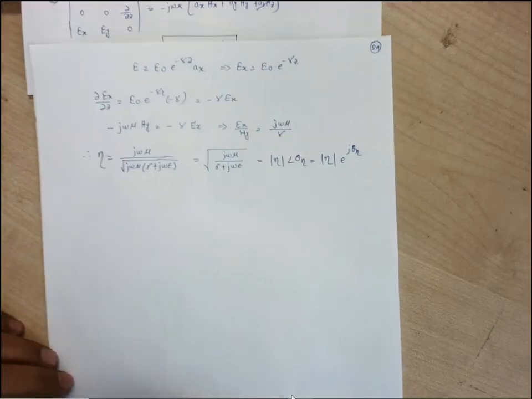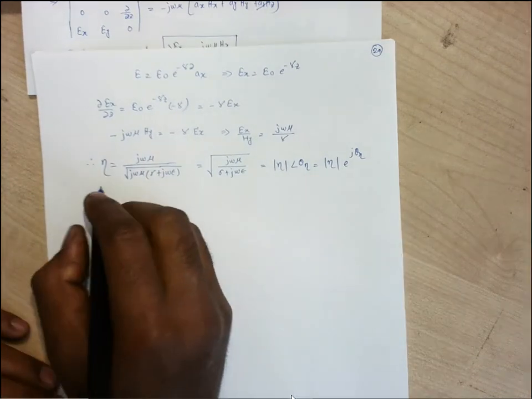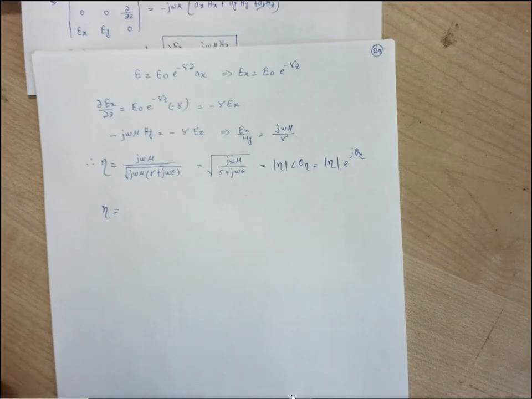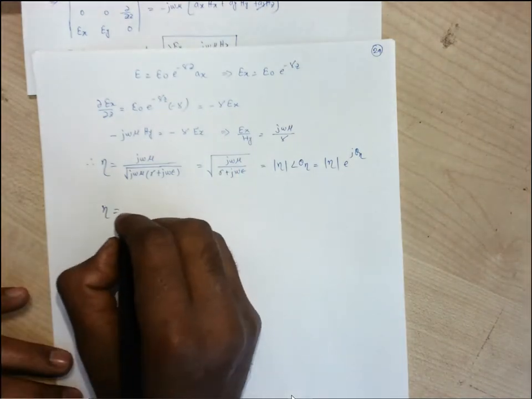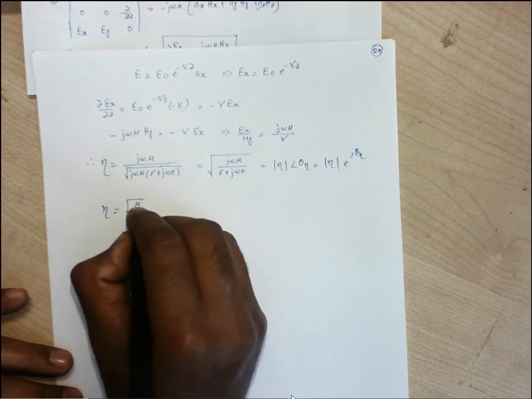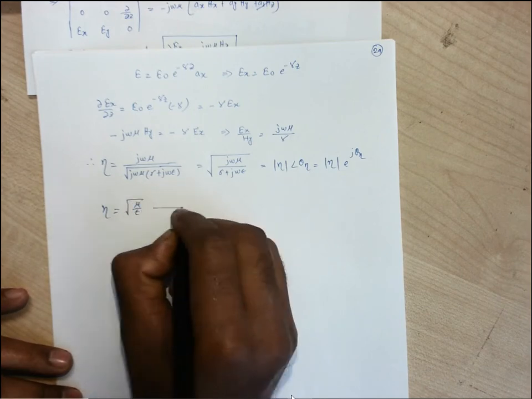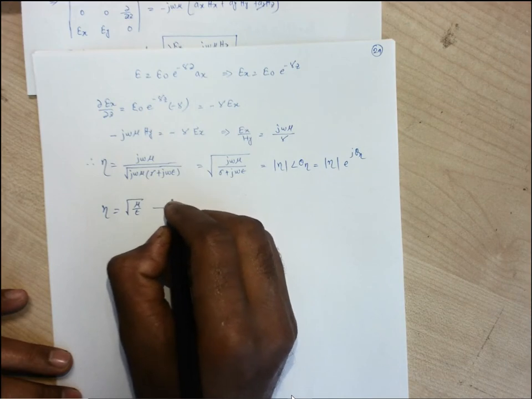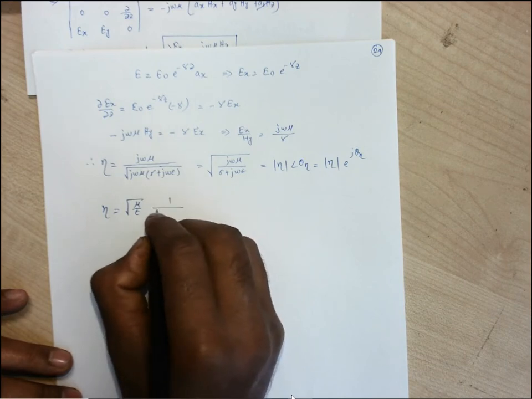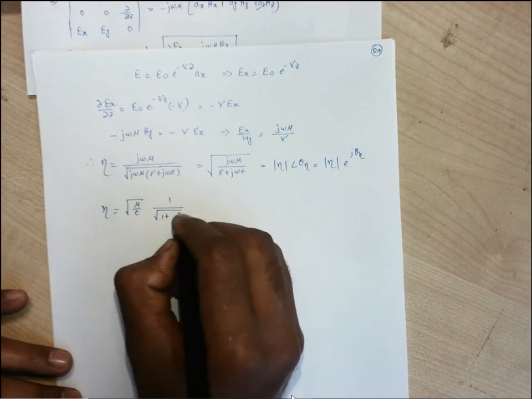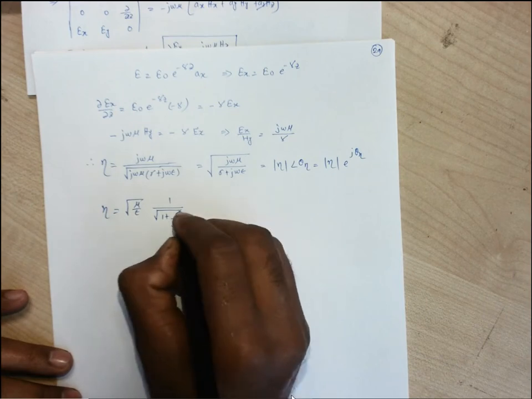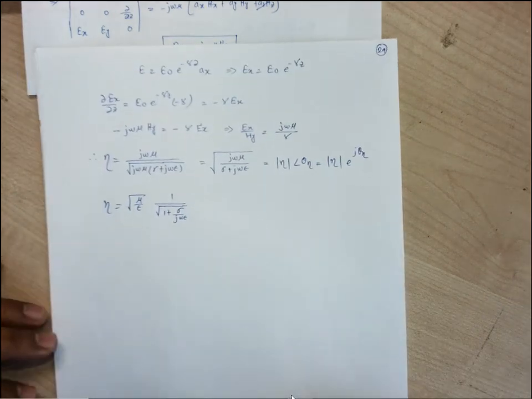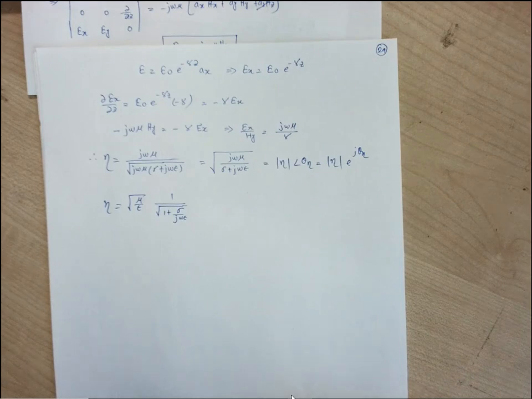Okay, I am just deriving this thing. So we have found eta as, if we take out this mu by epsilon common, then we can write this as root over mu by epsilon into 1 by root over of 1 plus sigma by j omega epsilon. Can we write like this?